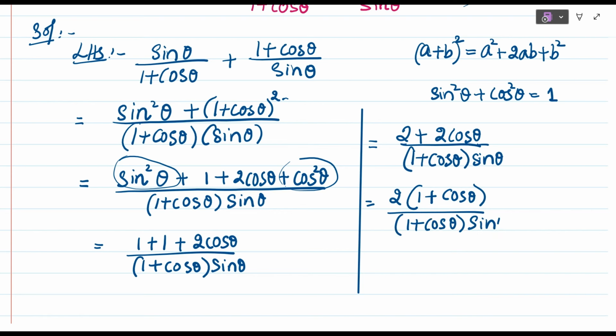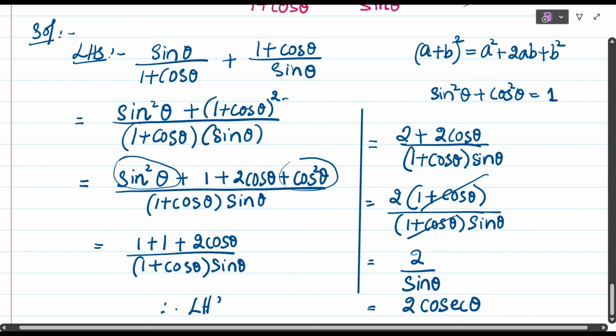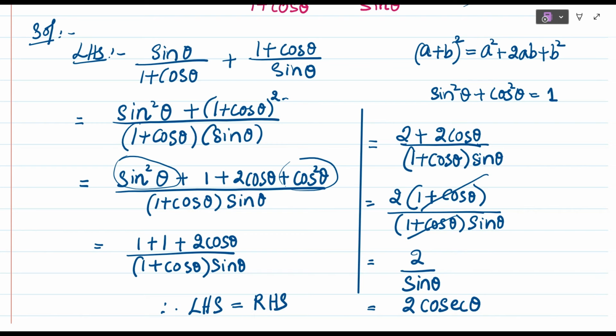If you observe carefully, numerator 1 plus cos theta and denominator 1 plus cos theta get cancelled out one time. The remaining is 2 by sin theta. So 2 into 1 by sin theta, and 1 by sin theta is nothing but cosecant theta, so 2 cosecant theta. Understood, students? Therefore, if we take LHS, we got the answer as we have in the RHS. So this is proved here. Understood, students?